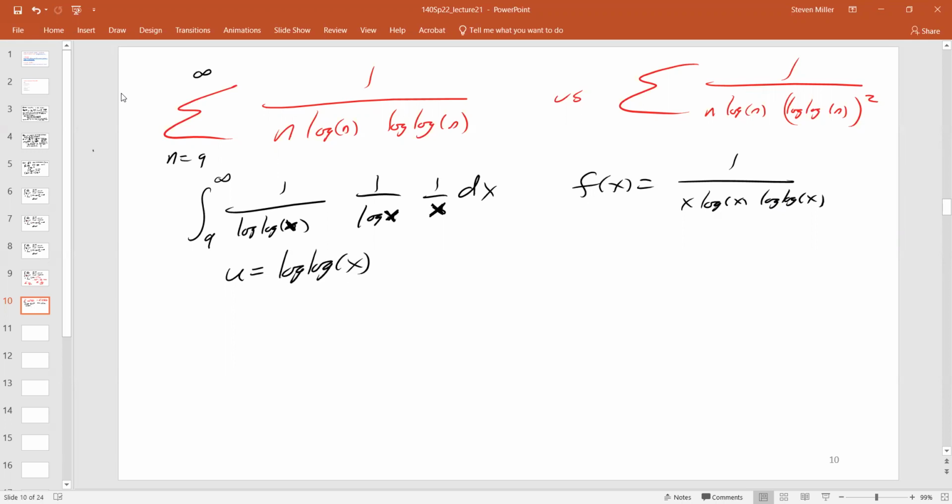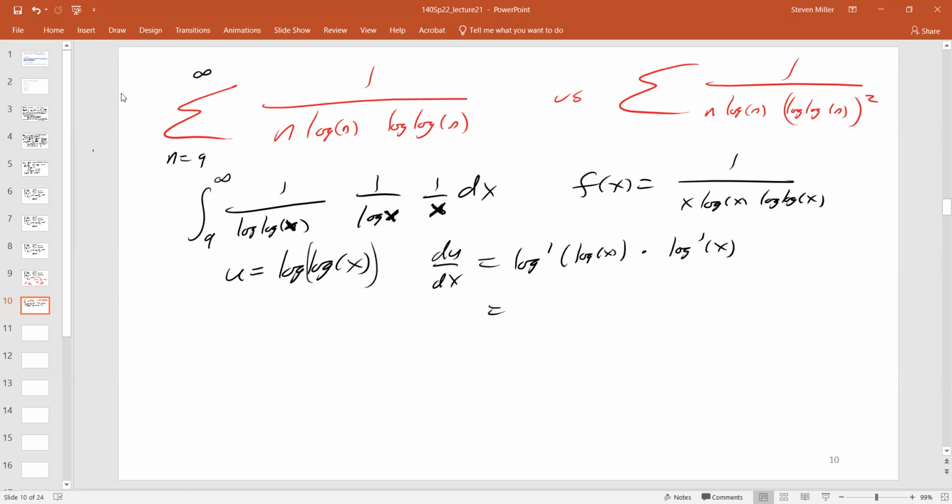So if we try u equals log x, what's du dx going to be? It's the chain rule, right? We'll take the derivative of log x and then multiply that by the derivative of the inside, the log x. So what's the derivative of the log function? The 1 over function.